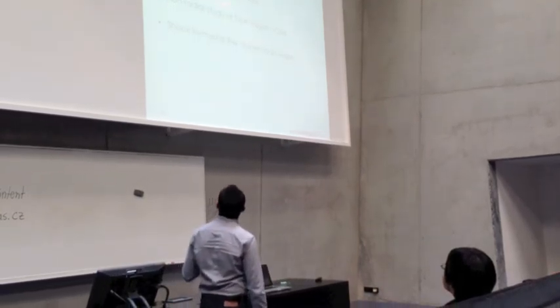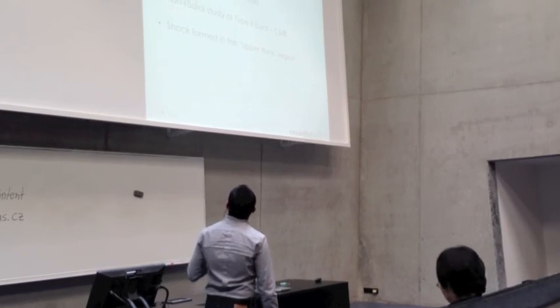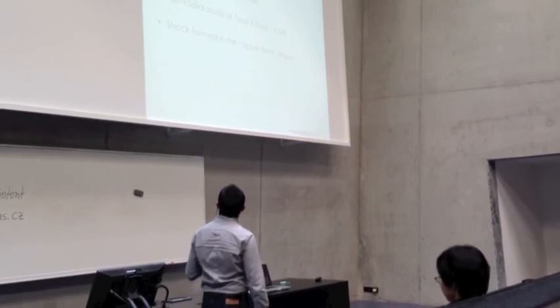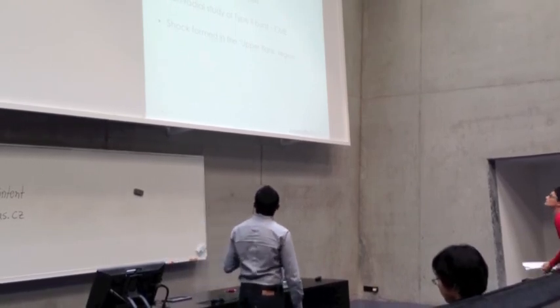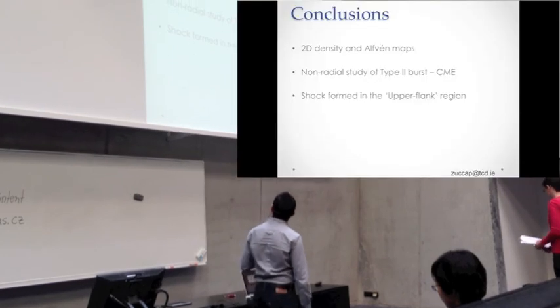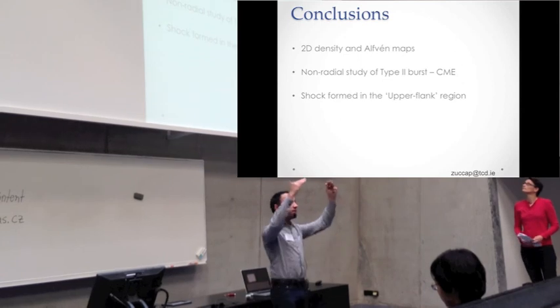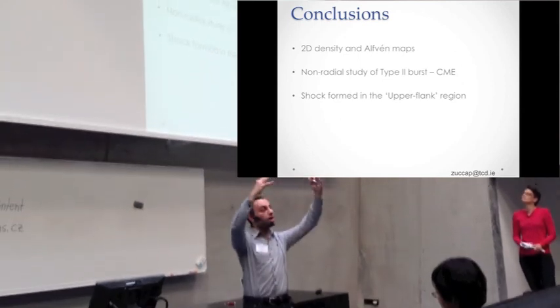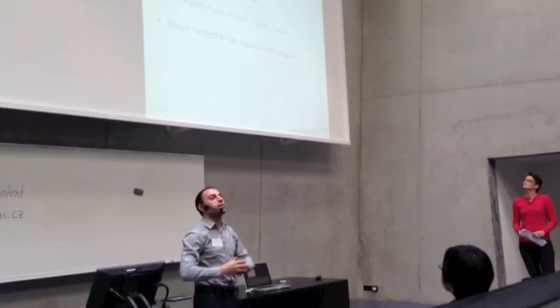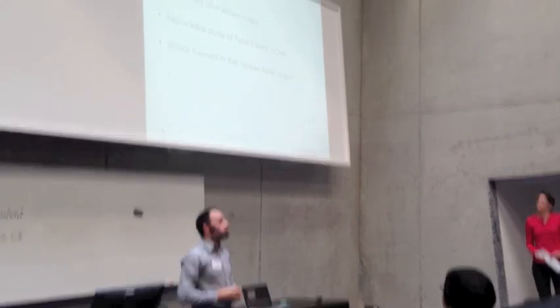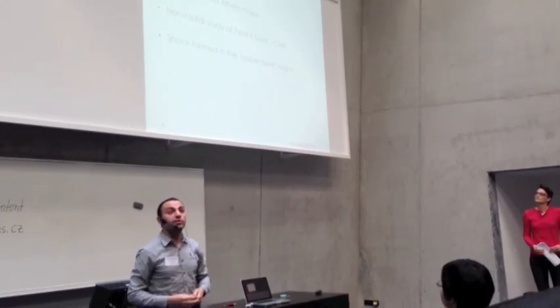So we have the 2D density and Alfvén speed map. And I performed a sort of non-radial study, and I think that it's evidence of the shock being formed in the upper flank region of the propagating CME, at least that is where the kinematics match. So thank you for your attention.